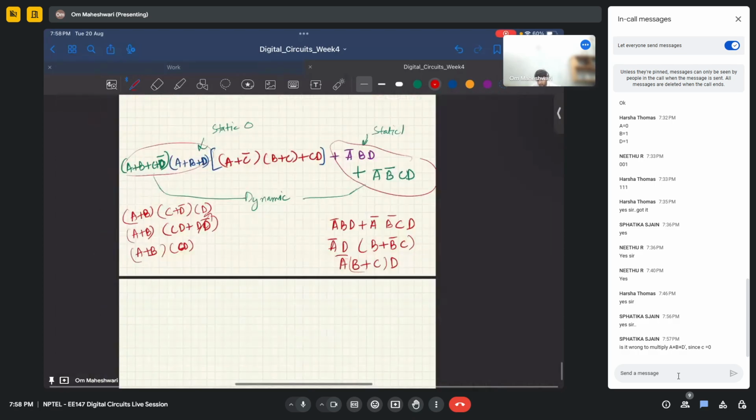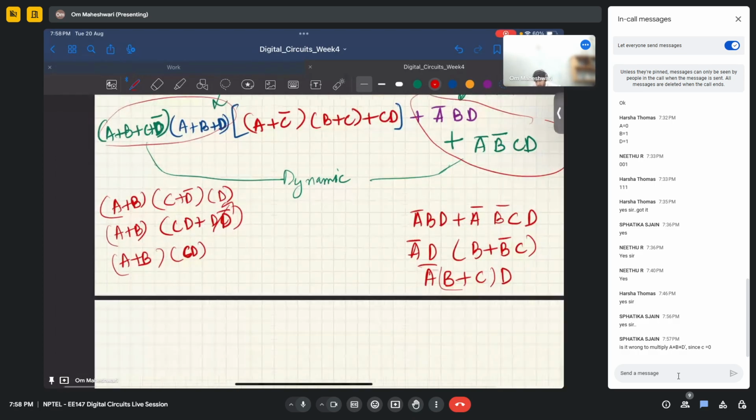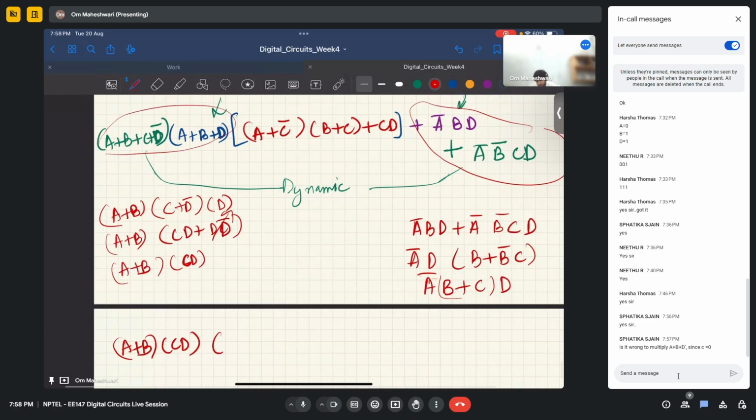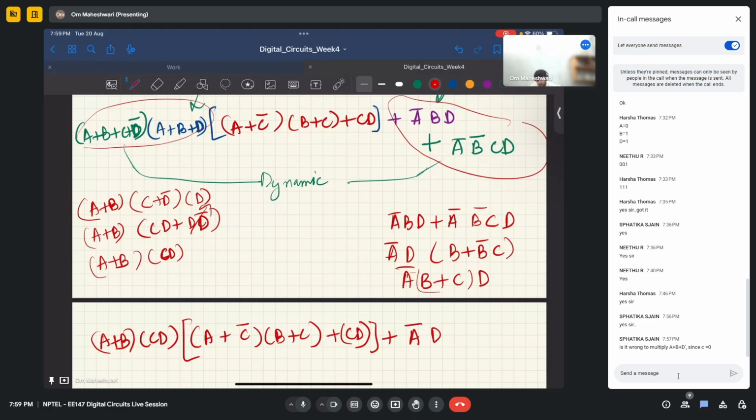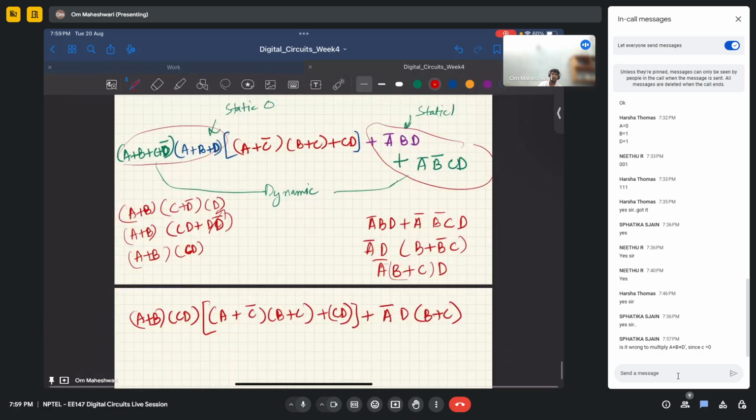So your expression can be a plus b, c d, a plus c bar, b plus c, plus c d, plus a bar b, b plus c. This can be your final answer.